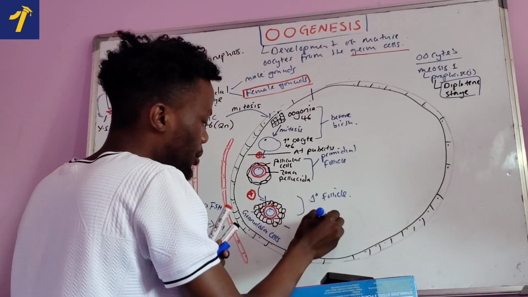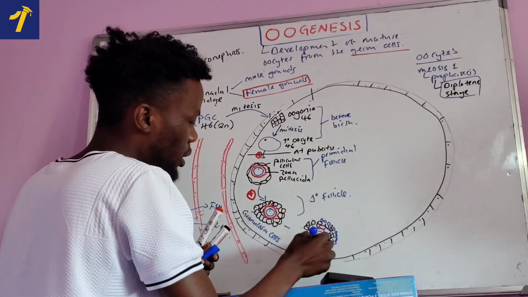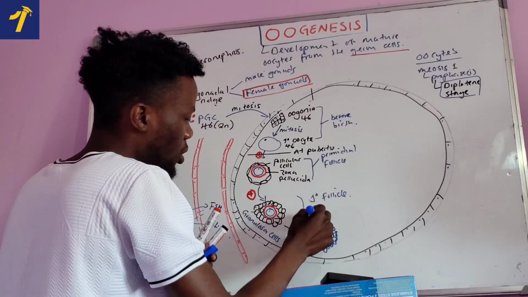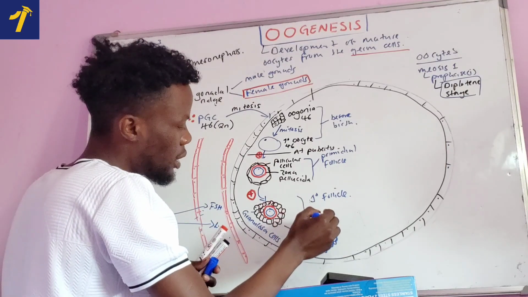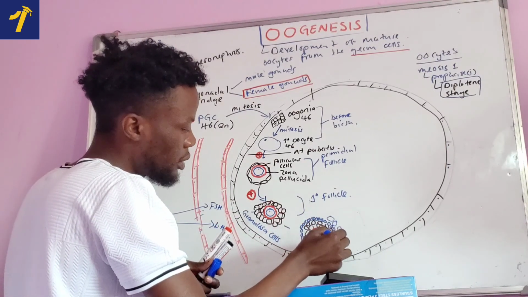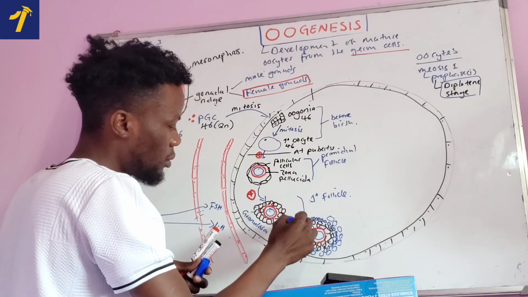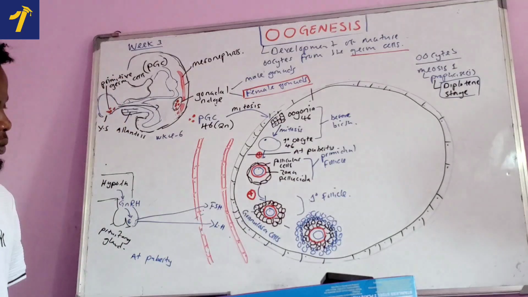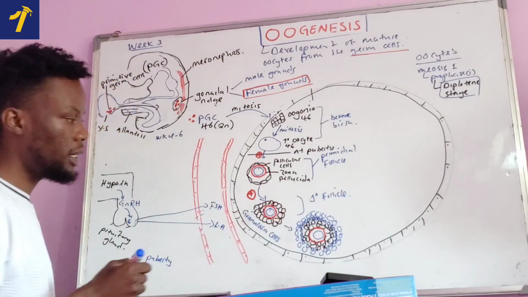Let us write these cells in blue, the bigger ones. Now, this is the interesting part.